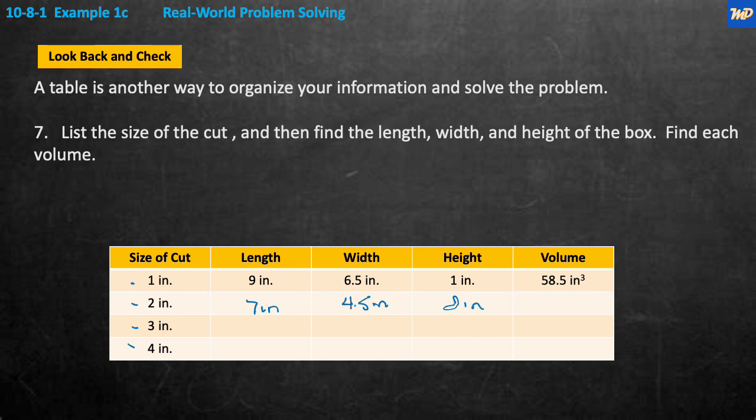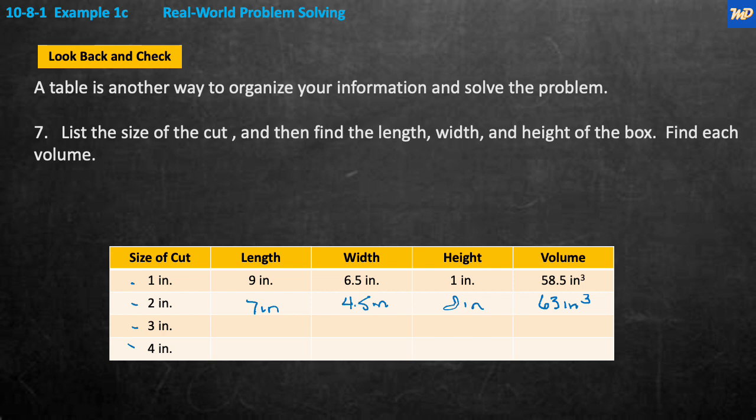And the volume is going to be, if we multiply this out, 6.5 times 1 times 9, which multiplies out to 58.5 inches cubed.